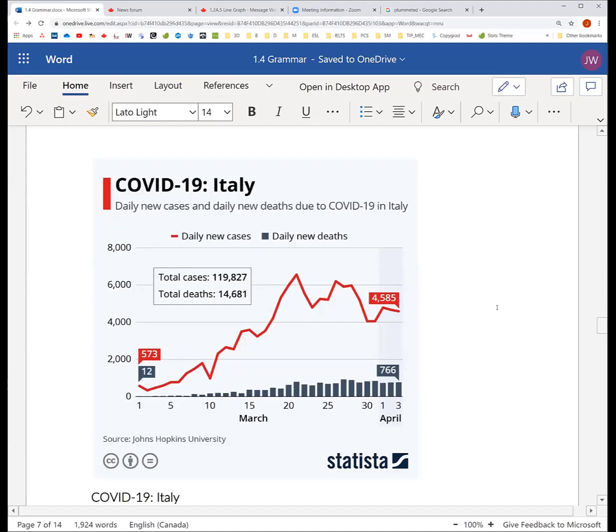Then the number of cases was increased to 65,000 cases in 26th of March.